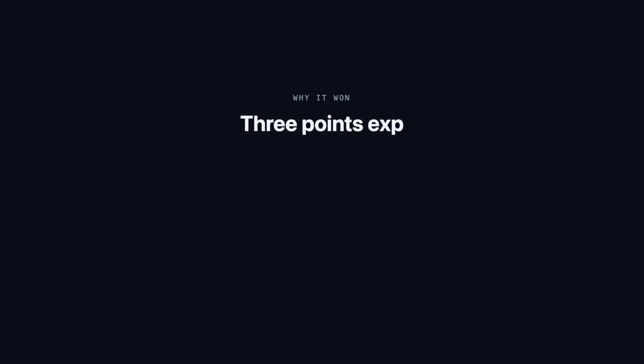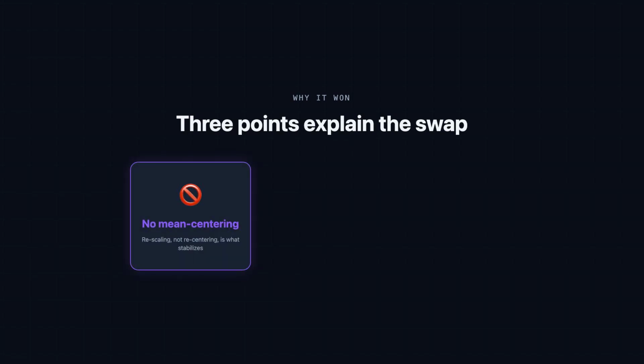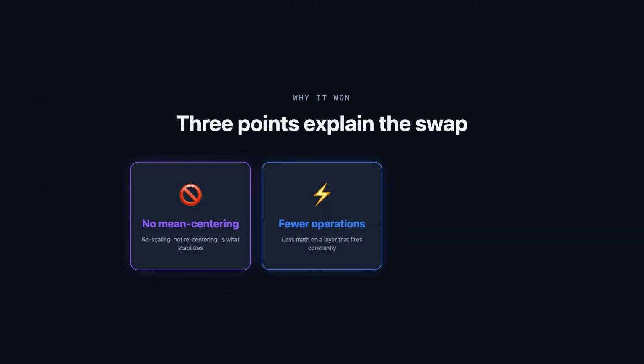Distill it, and 3 points explain why RMSNorm took over. It drops mean subtraction entirely. The insight is that rescaling, not recentering, is what actually stabilizes the network, so removing the mean step costs nothing in quality. Fewer operations, so it runs faster.